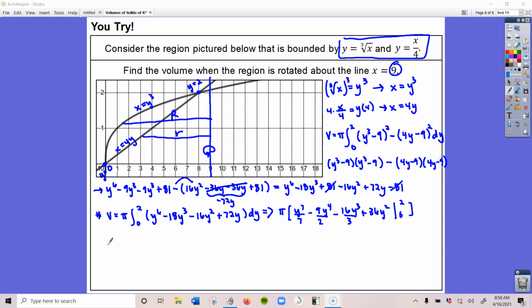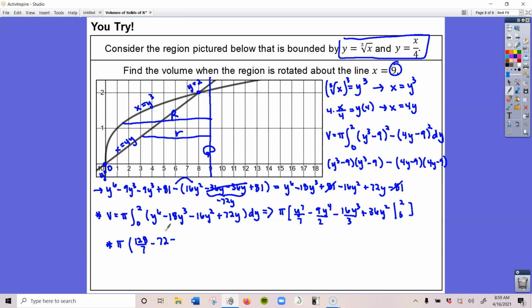So let's plug in the 2. We have the pi. 2 to the 7th is 128 over 7, minus 2 to the 4th is 16, and 16 times 9 is 144, and 144 divided by 2 is 72. So minus 72.